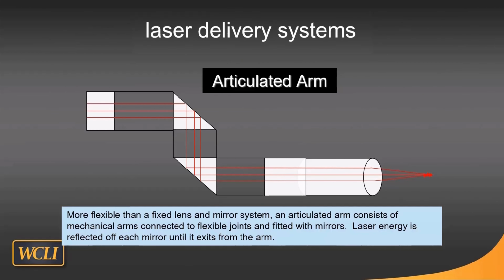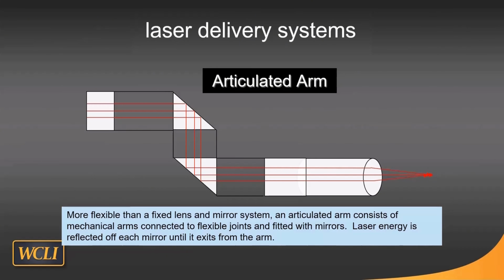So there's a couple of different delivery systems that I'll bring your attention to. One's called an articulated arm, another is a hollow waveguide, and the third is an optical fiber. Starting off with the articulated arm, this is very similar to an X-ray arm, the arm that holds your X-ray, where there are bends in it.